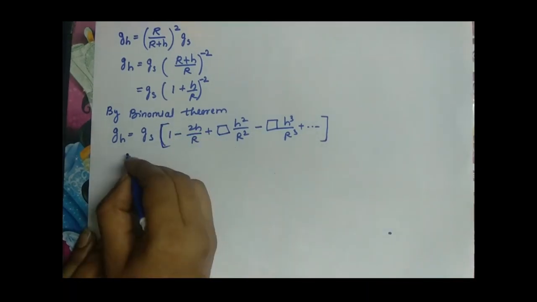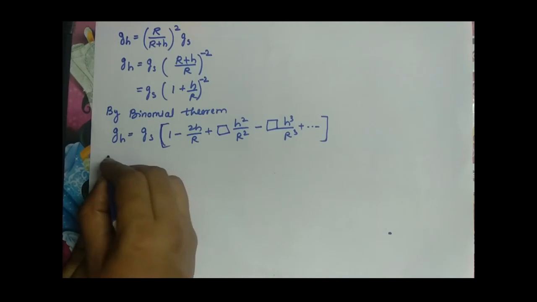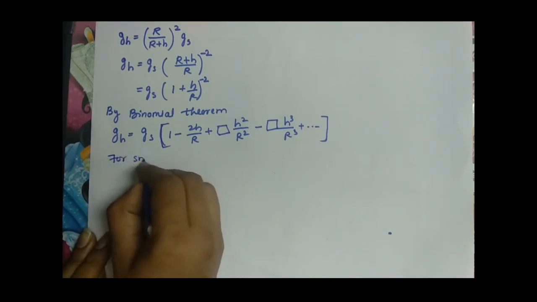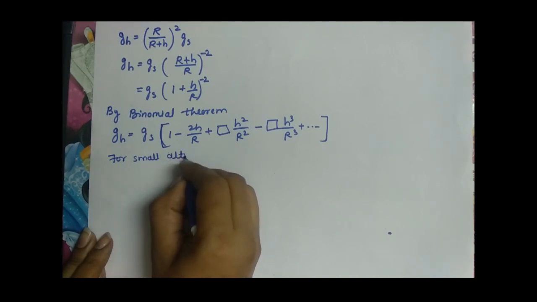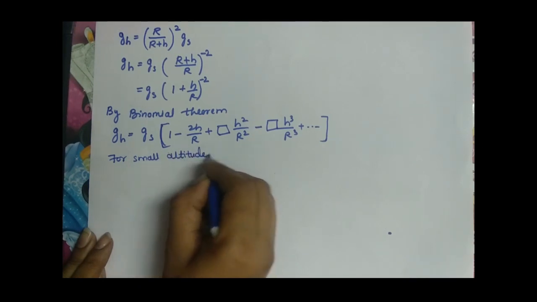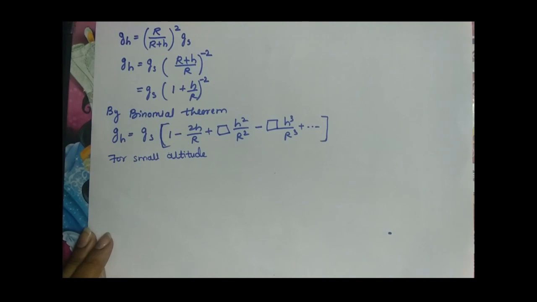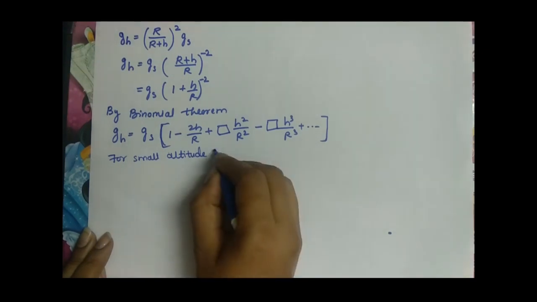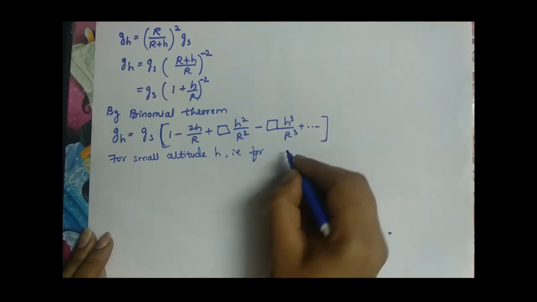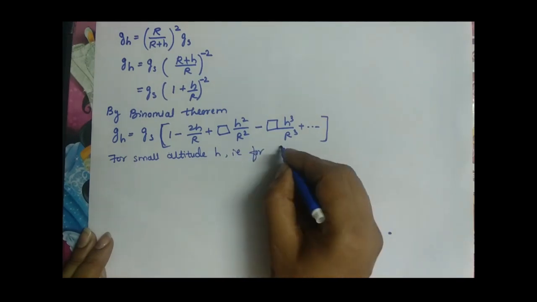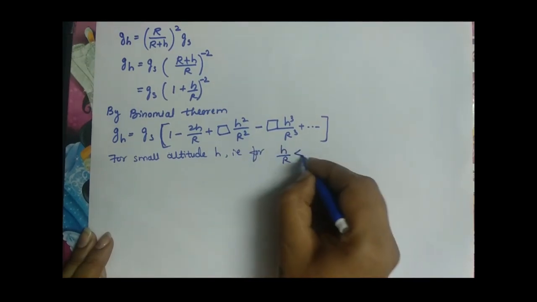So what you have to think here, for small altitude, means when your height from the earth's surface, that is altitude h, is very small, then h by r is also very less.